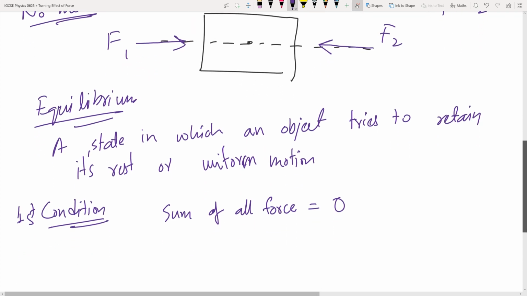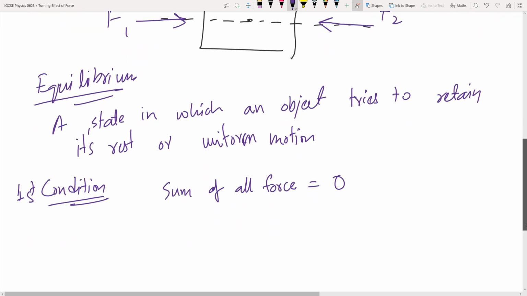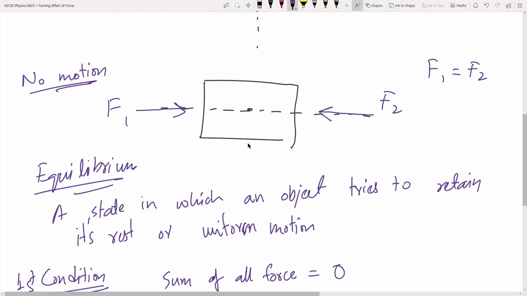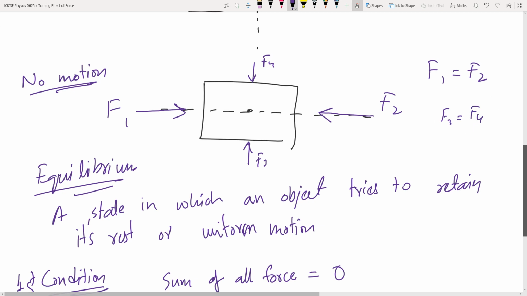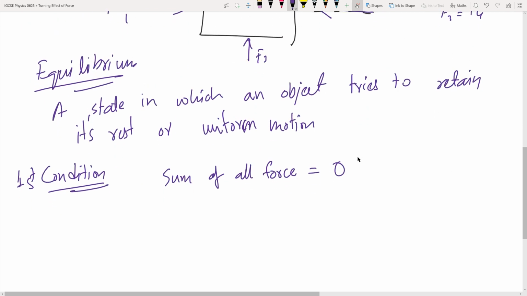Its motion will not get disturbed. Why? Because the forces are cancelled out. For example, the vertical force, if we take F3 and we take another F4, and we say that F3 is equal to F4. If these are not cancelled out and the sum is not 0, then we are going to have motion, right?